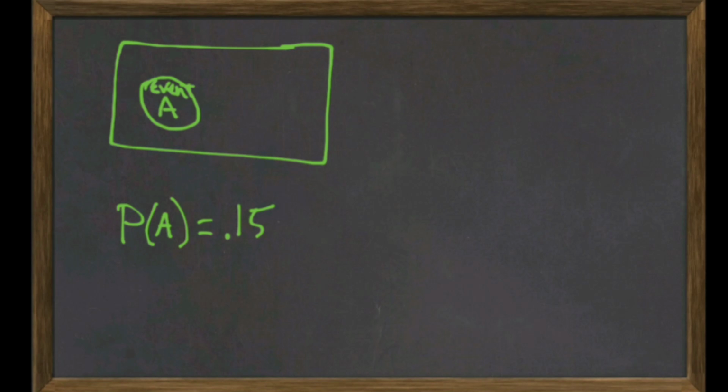One helpful concept in probability is considering the chance that something doesn't happen. So in this case, what's the chance that event A doesn't happen? What this is called is the complement.